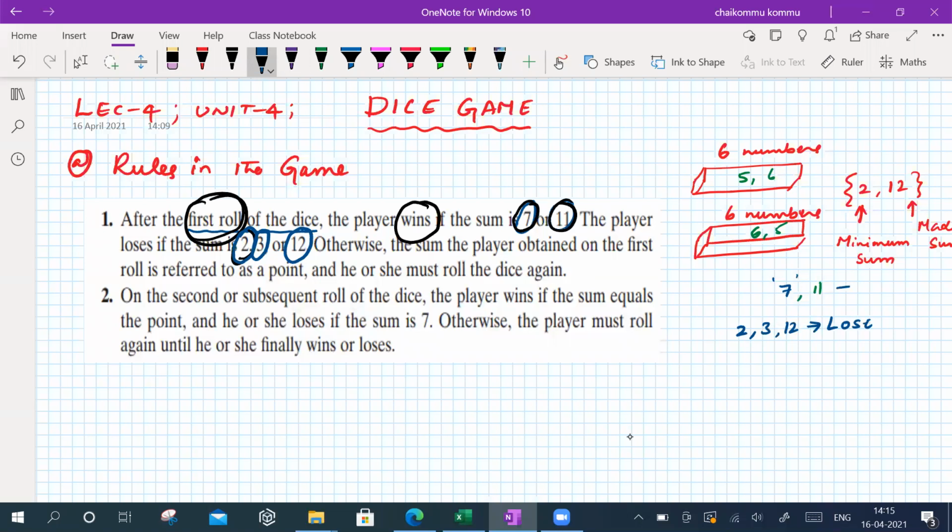If it is 7 or 11, you win the game. This is what you have to remember: as soon as you take the dice and roll it the first time, if you find 7 or 11, you win the game; if 2, 3, or 12, you lose the game. I hope you understand this point.